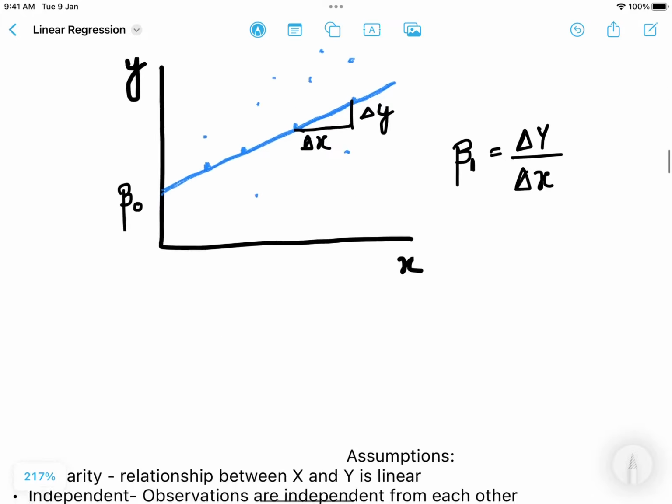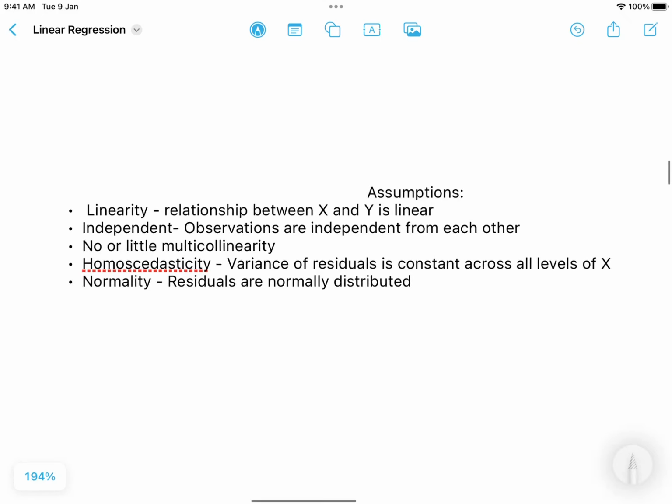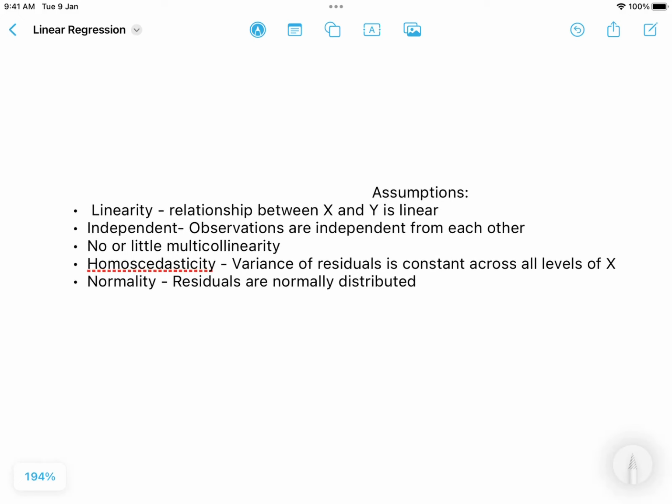So let's discuss the assumptions of linear regression. Before going into the assumptions, let's discuss what happens when we implement a linear regression model. When we train a linear regression or say multiple regression model, during the training, what does the model learn? The model learns the value of the parameters or say coefficients, which are the intercept and slope.